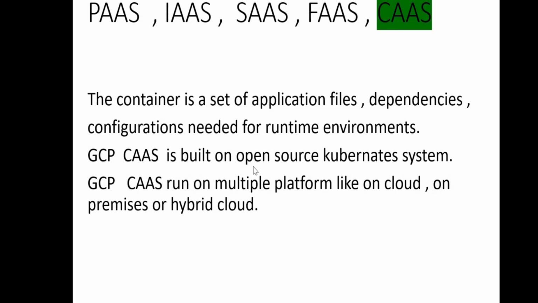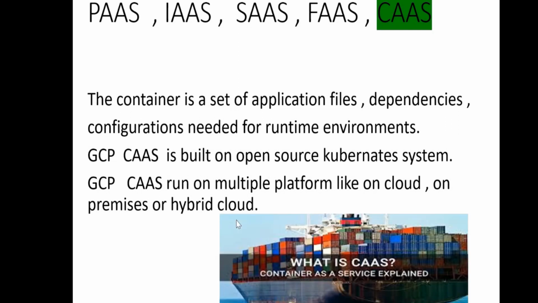GCP CaaS is built on the open source Kubernetes system. Kubernetes is a container orchestration tool. Now, GCP CaaS runs on multiple platforms like on cloud, on premises, or hybrid cloud.